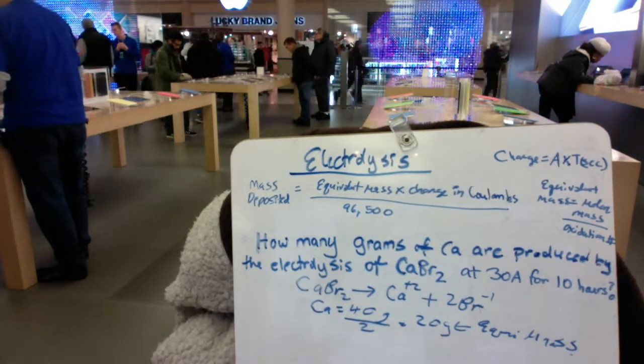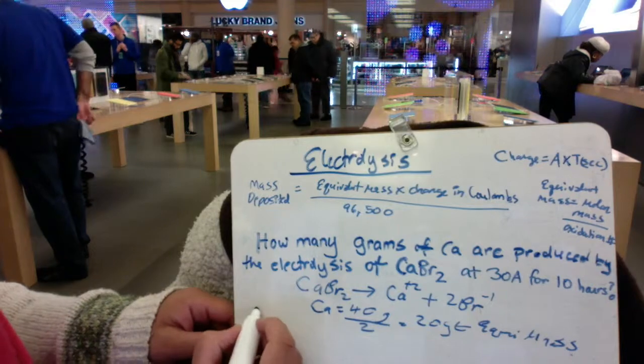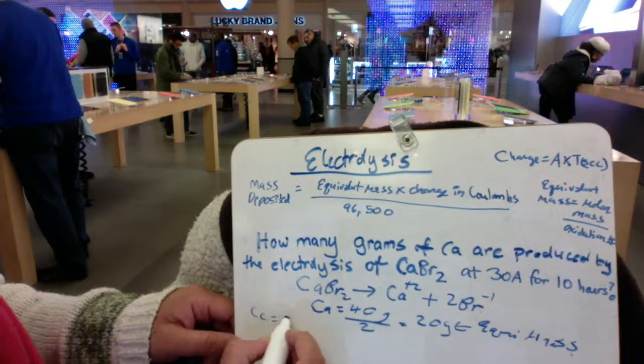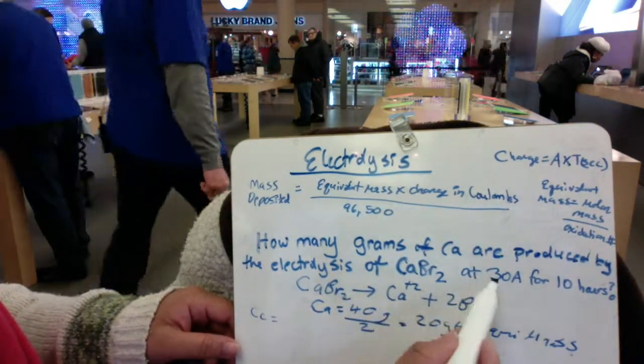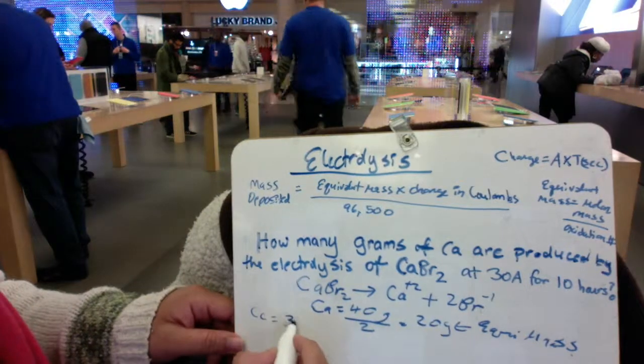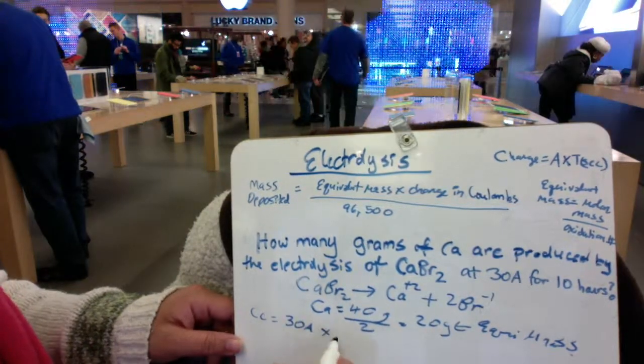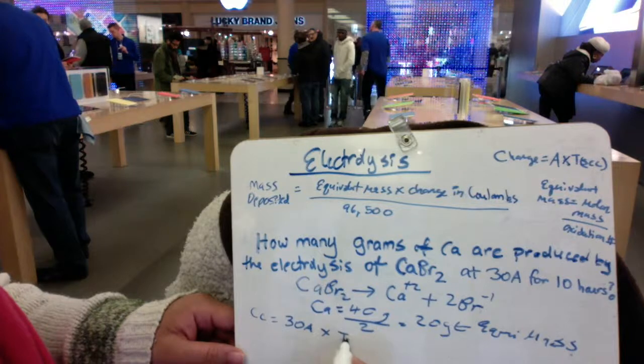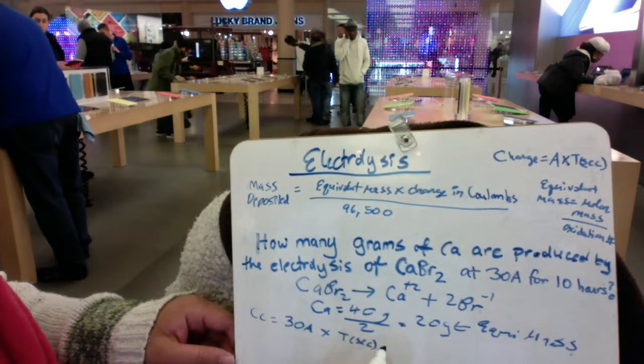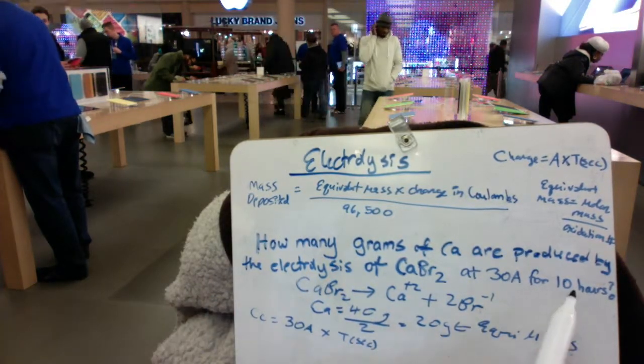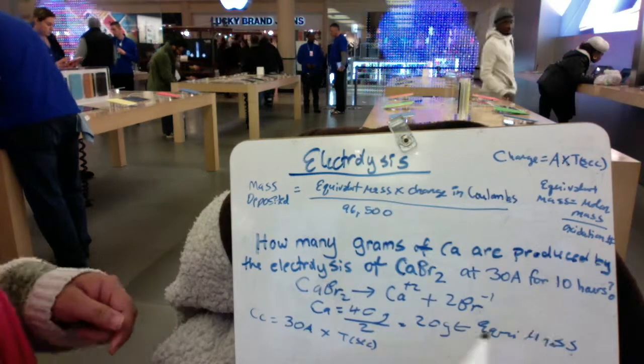Now, the charge in coulombs is going to be the current in amperes, which in this case is 30 amps, times the time in seconds. You were given a time in hours, right? So we have to convert that to seconds.